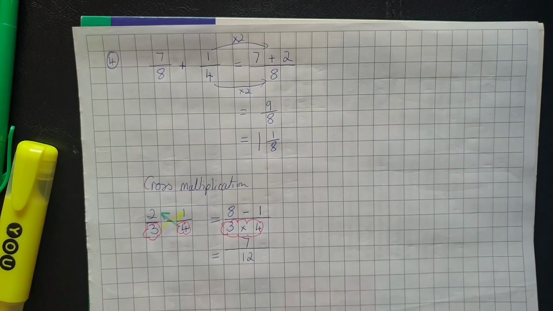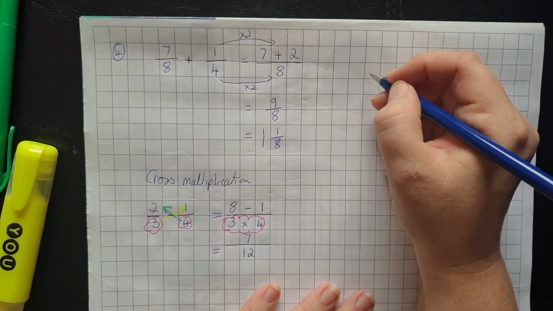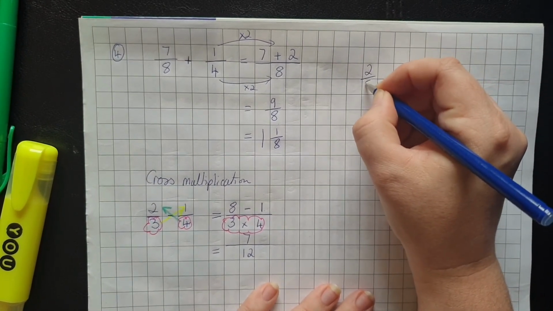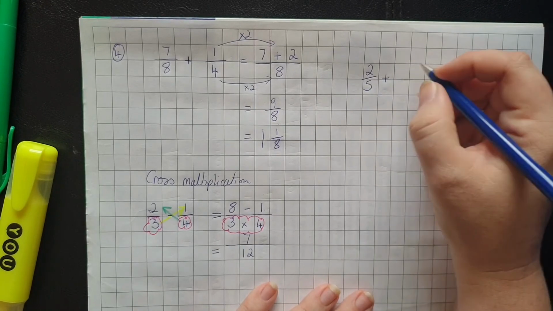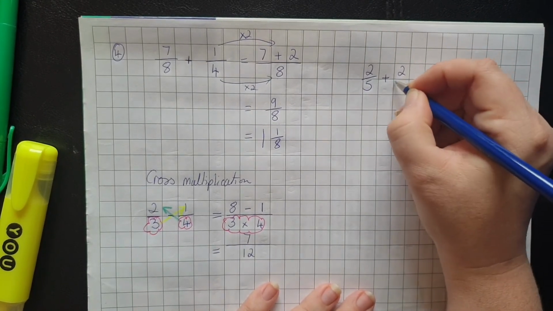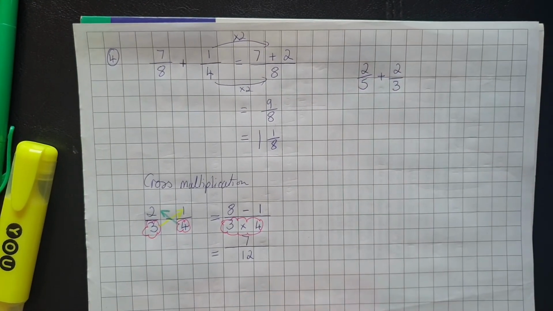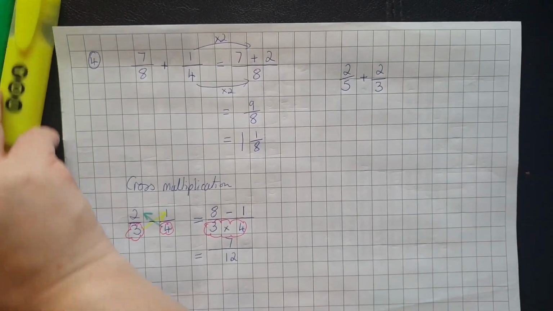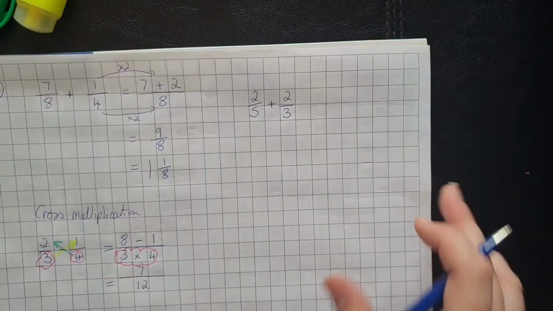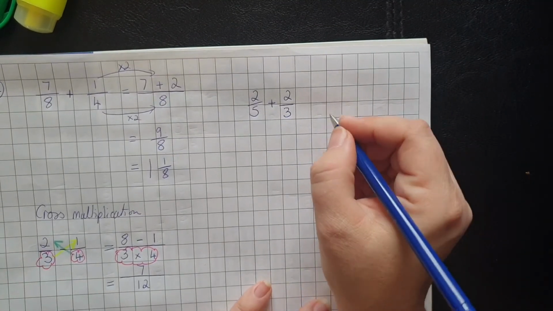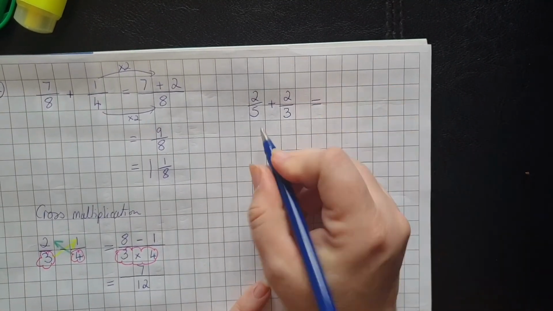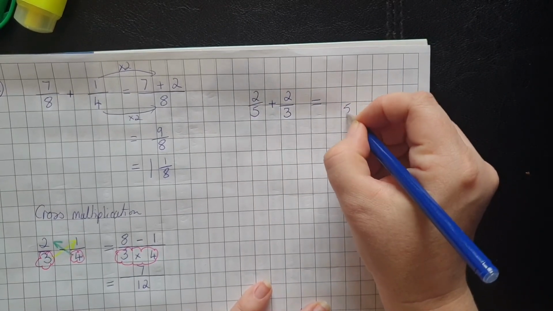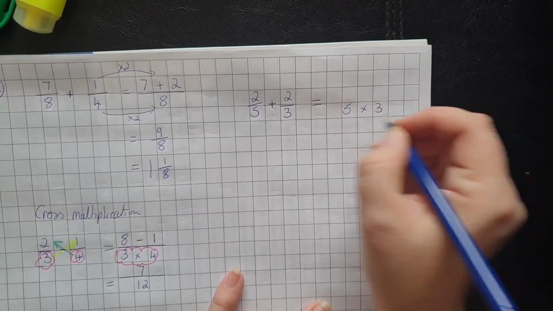Again, let's go through another example. Let's take 2/5 add 2/3. Again, there isn't a clear and simple answer to this. We've got to work through it step by step. So the first step is multiply the denominators. 5 multiplied by 3.